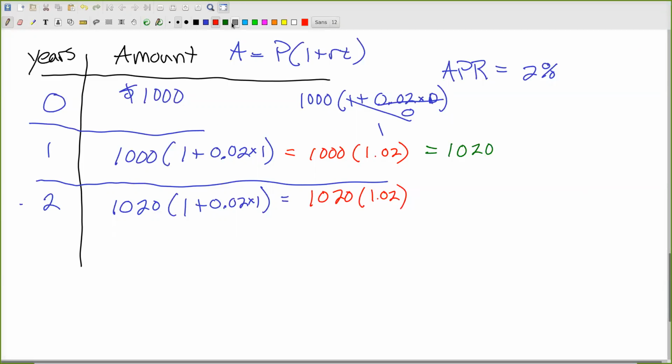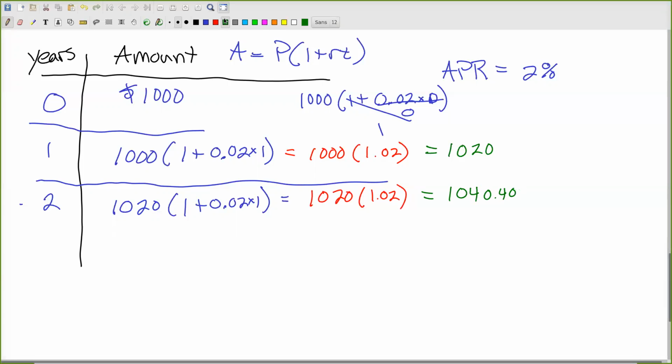So let's put our money in green that we've earned. So this is our new amount, $1,040.40. So with just simple interest, I would have gotten only $20 a year. Now I get an extra 40 cents because my $20 collected interest too. And that's what compounding means. Your interest collects interest, okay? It compounds, it doubles up.